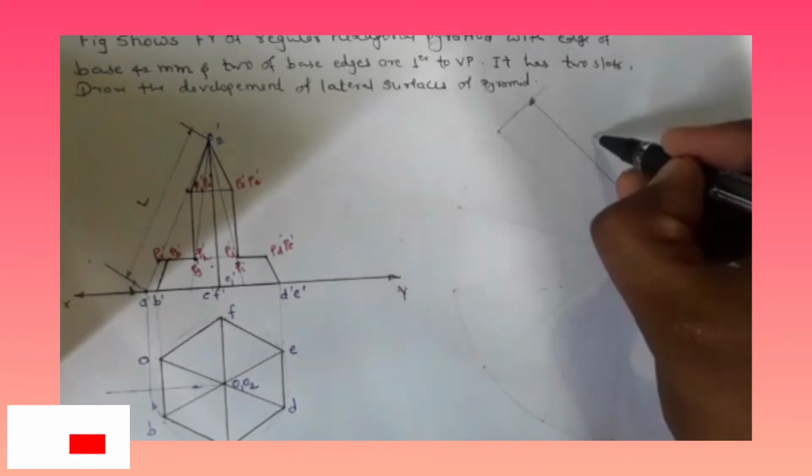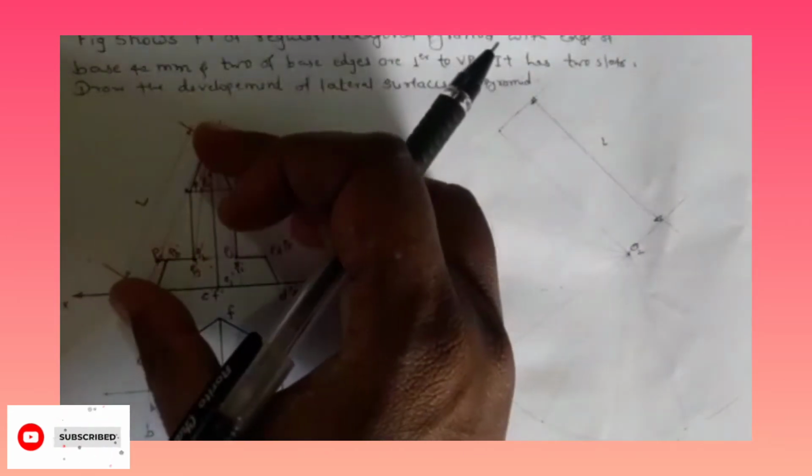So this one will be L, whatever you are getting. By taking this much as radius we have drawn one arc here. Then next we have to start the development. Now let us first of all give the names.